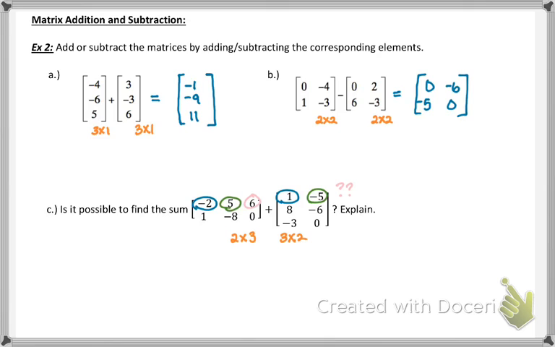All right, so when you are adding or subtracting matrices, the two matrices must have the same dimensions. So we're going to say, is it possible to find the sum? Our answer is no, because they don't have the same dimensions.